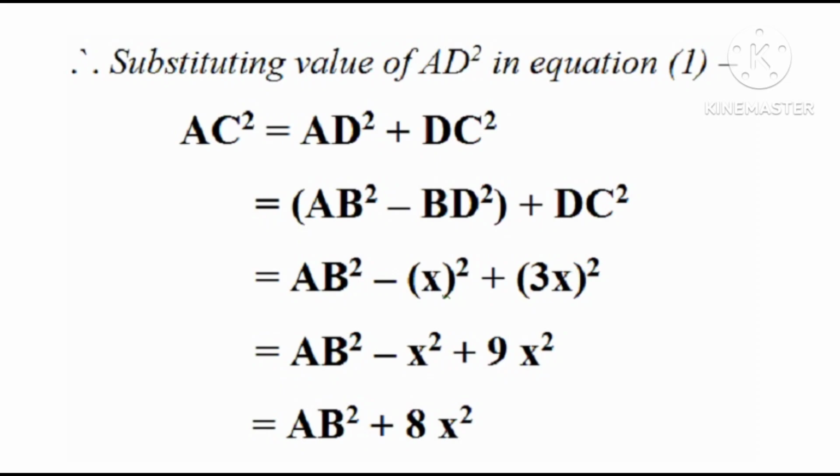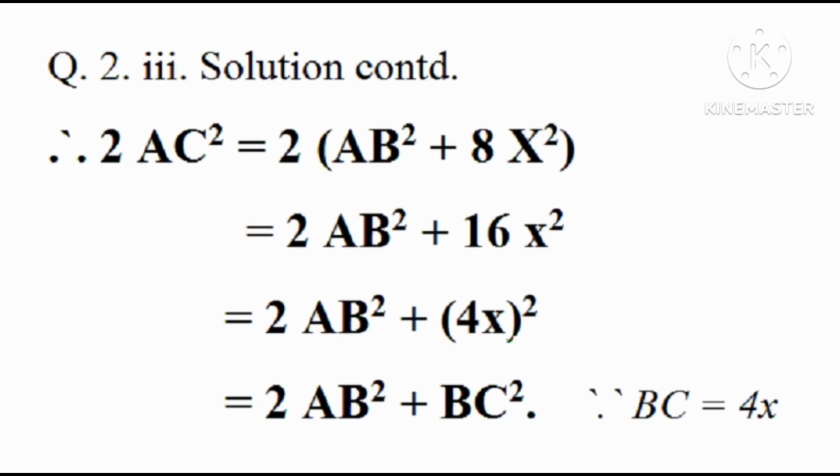But BD is equal to x and DC is equal to 3x. Hence AC² equals AB² minus x² plus 9x². This makes AC² equal to AB² plus 8x². From this we can get the value of 2AC². Further, since 4x is equal to BC, 2AC² is equal to 2AB² plus BC². Hence LHS is proved to be equal to RHS.